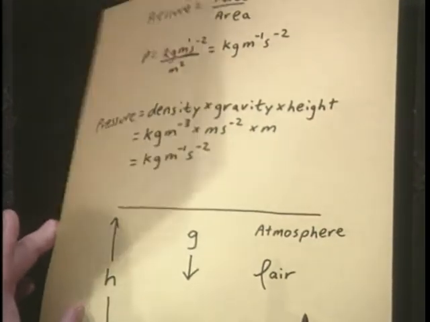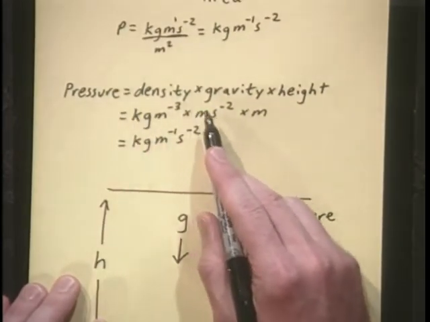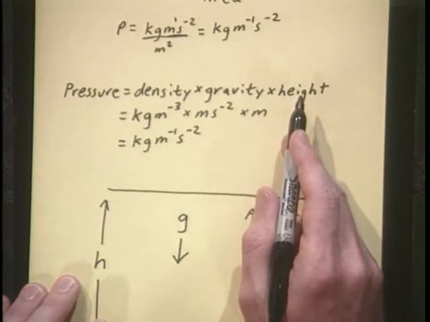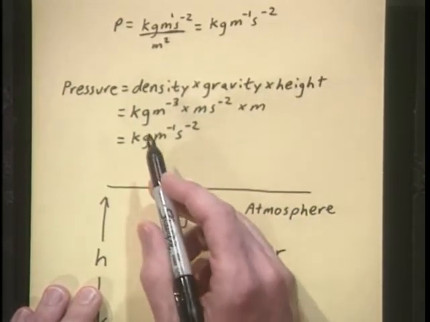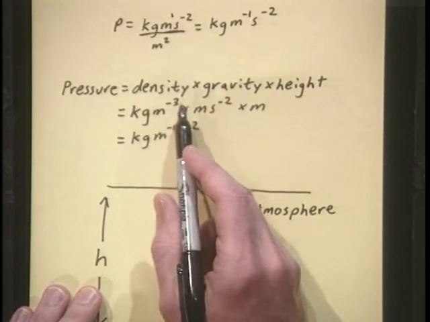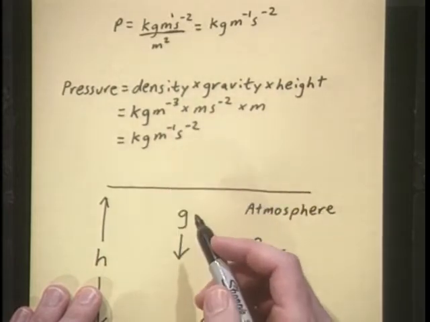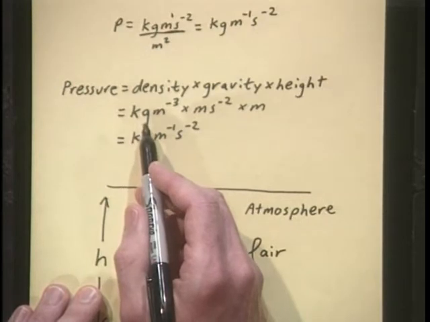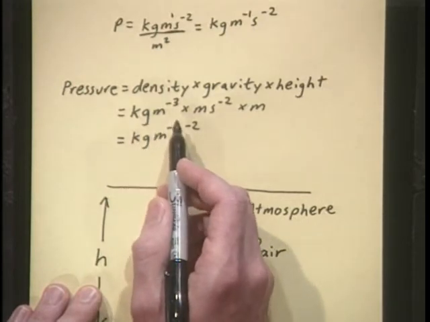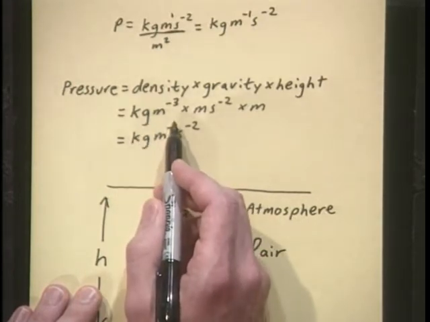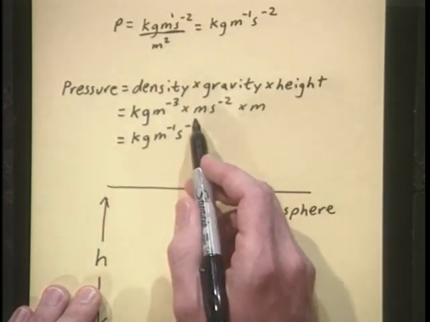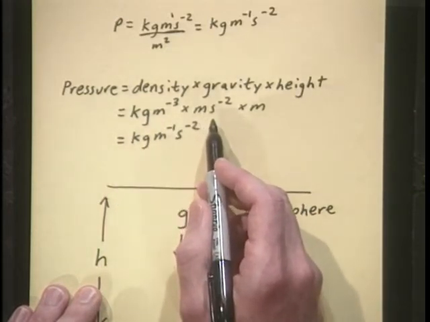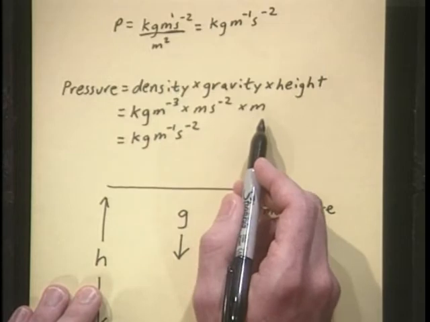Our pressure equation is density times gravity times height. So if we multiply the units out of each of those, density, gravity, and height, we'll come out with the pressure units. Density is kilogram per meter cubed. That's mass divided by volume. Gravity is meter times second to the -2, times height in meter.